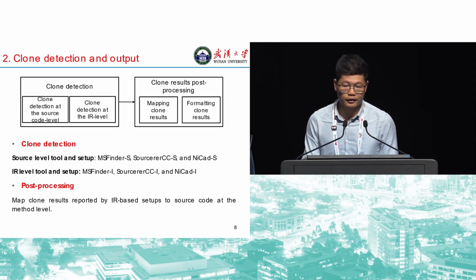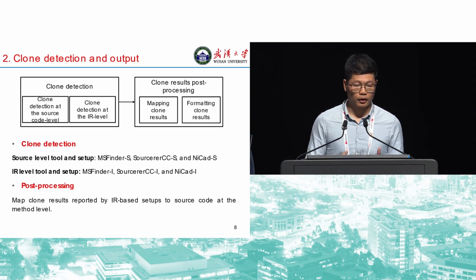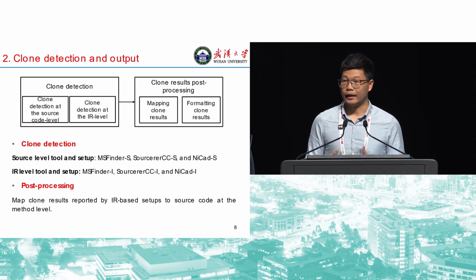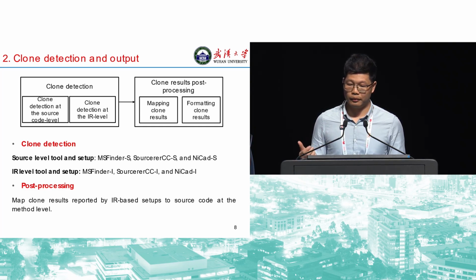And in the second phase, we want to perform the clone detection on the selected projects and output the results for further analysis. We choose 3 tools in our study, namely NSFounder, SourcererCC, and NiCad. NSFounder is included in our study because it's a text-based clone detection tool for fast clone detection.